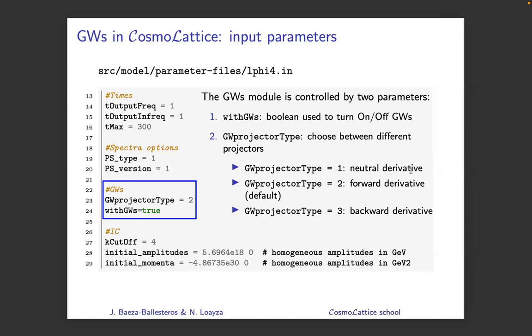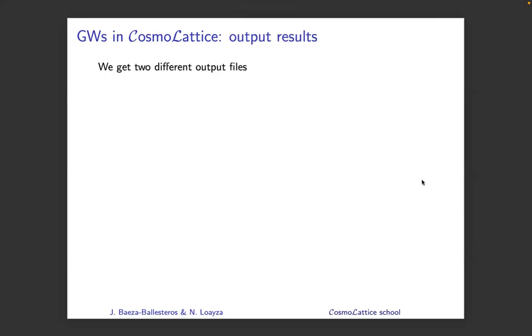There is actually a difference between using these, especially the neutral compared to the forward and backward derivative. There is a difference, but it is very mild, and we will show you this tomorrow. But for the time being, let's say that we just set it to 2.